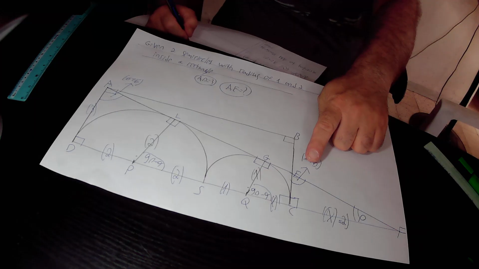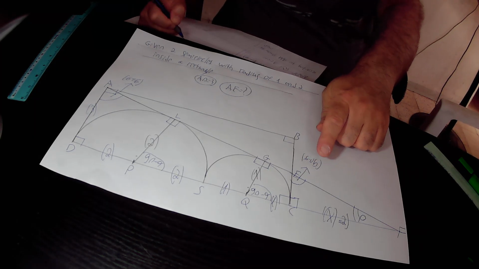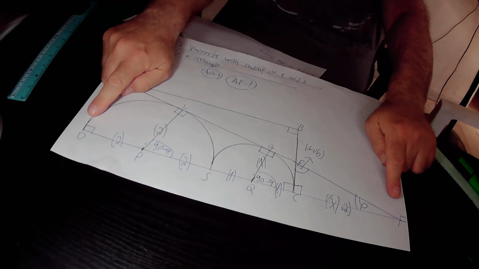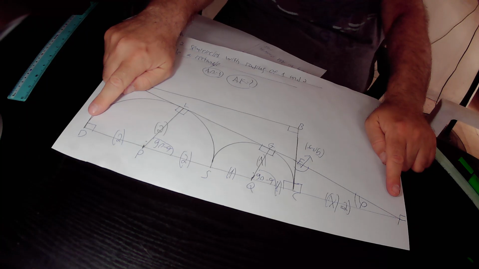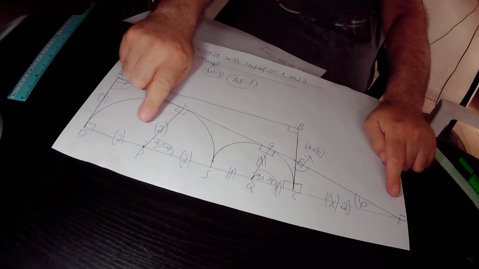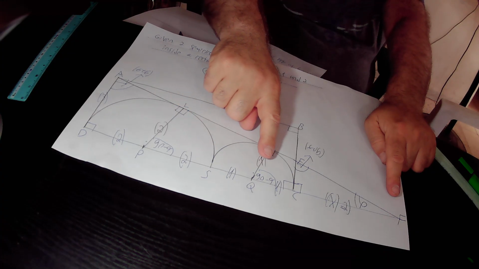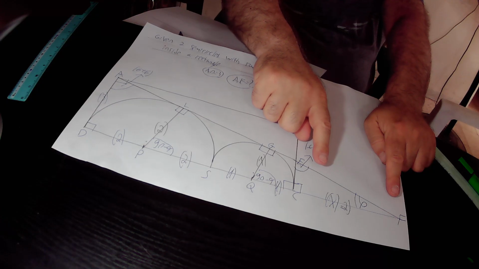EC is the missing side, so we leave it as it is. And it equals DF. DF total equals 2 plus 2, that is 4, plus 1 plus 1, plus 2, that is in total 8.